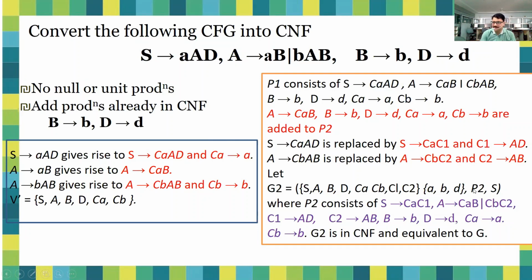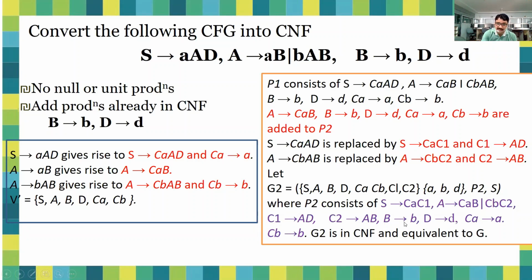Now you can see all the production rules. S to CA C1 has two variables on the right-hand side, so it is in Chomsky normal form. A to CB C2, two variables, so again Chomsky normal form. C1 to AD is again two variables. C2 to AB, two variables.